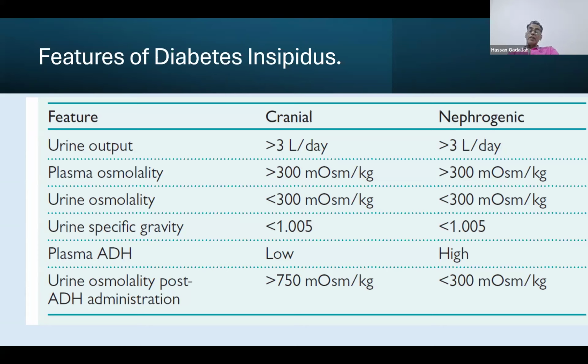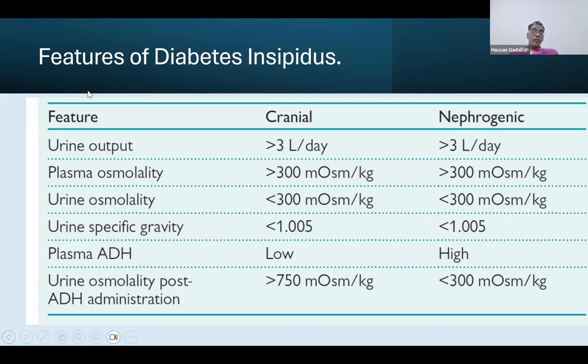And in nephrogenic diabetes insipidus, it's high because there is increased osmolarity stimulating the hypothalamus to secrete ADH, but the kidney is not responding. So the level is high, and the important differentiating factor as well is the response of the urine osmolarity to ADH administration.